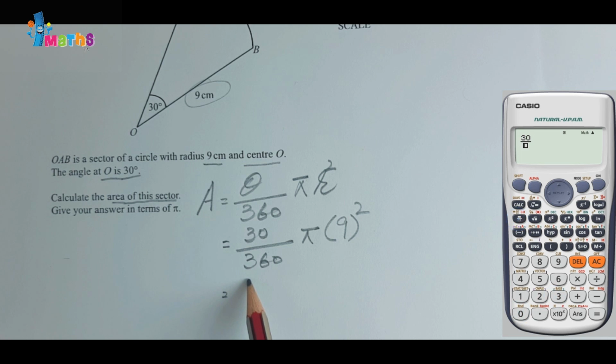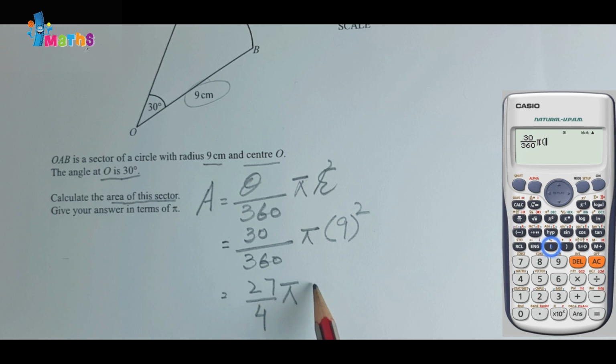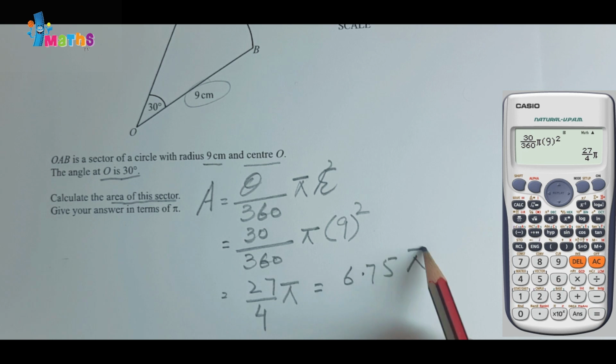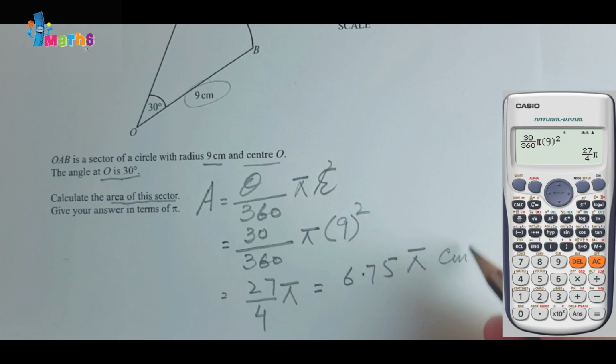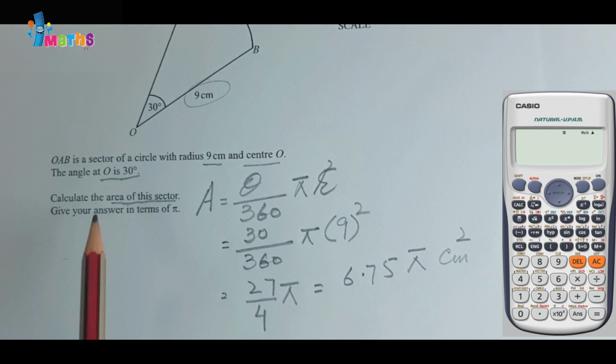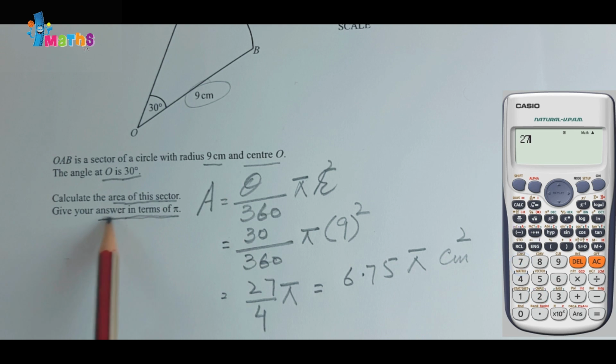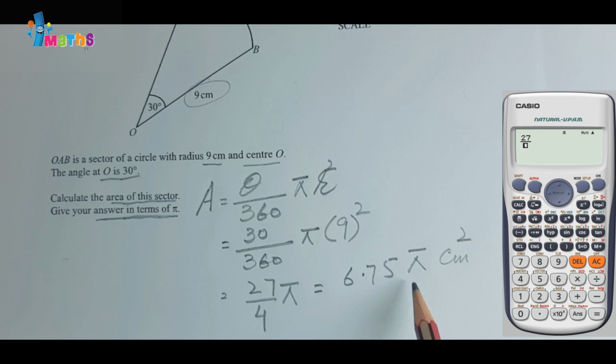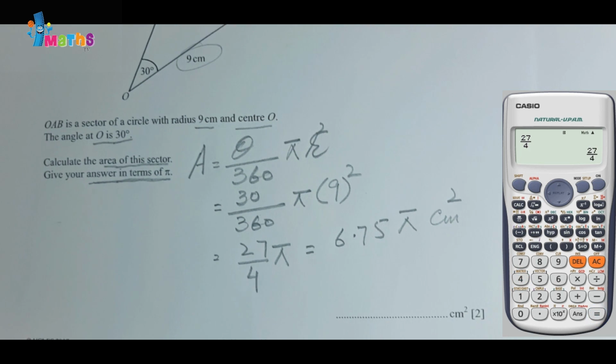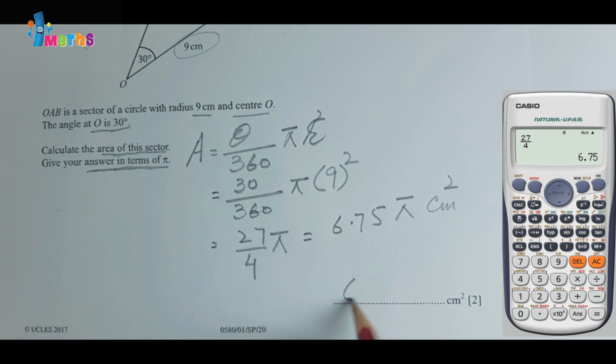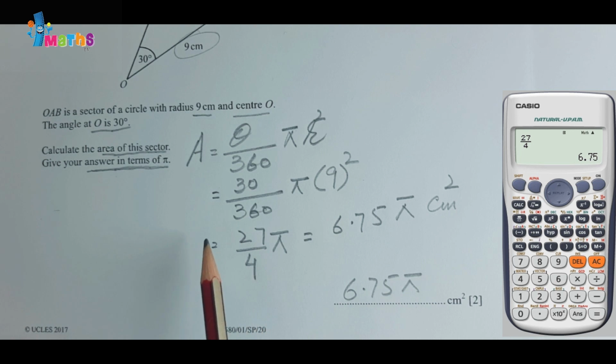So we'll get 27 over 4 pi, which is equal to 6.75 pi centimeter square. Because the answer is required in terms of pi, so we will not be changing it. We will be giving the answer in the same way, and we will be writing the answer here 6.75 pi. We will show the calculations on the calculator also. Hopefully it will be clear.